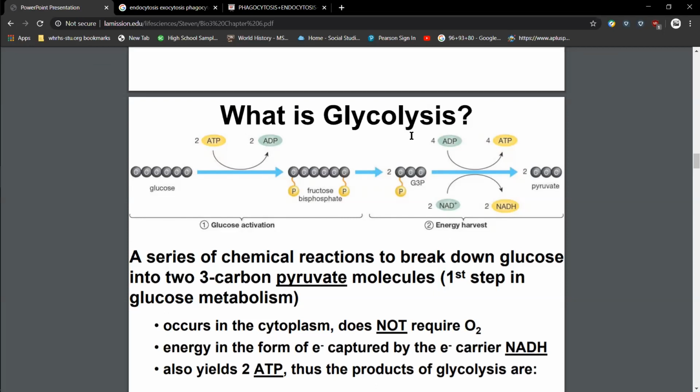ATP stands for adenosine triphosphate. So think about the name: adenosine di, which means two phosphates, and adenosine triphosphate, which means it has three phosphates. So what's going to happen is the ADP molecule is going to take up a phosphate and become ATP. So that's how ADP gets converted to ATP.